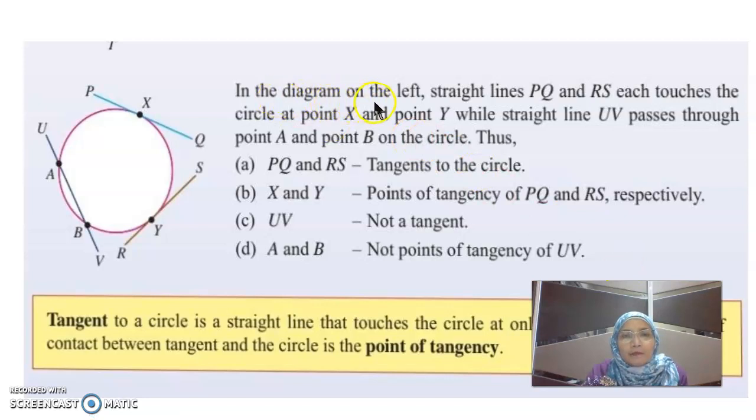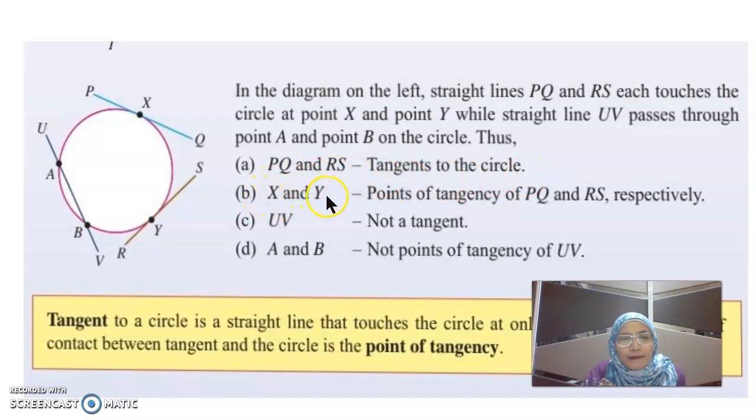In the diagram on the left, straight lines PQ and RS each touch the circle at point X and point Y, while straight line UV passes through point A and point B on the circle. Thus, PQ and RS are tangents to the circle.